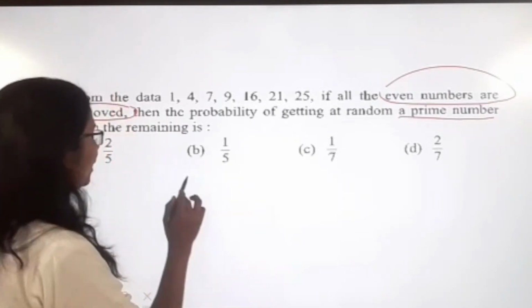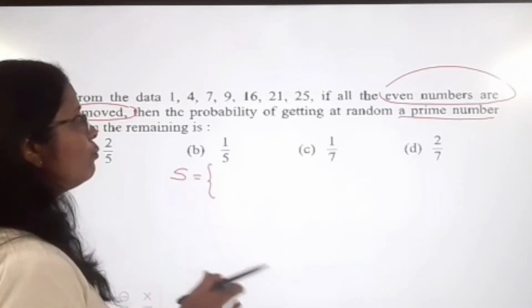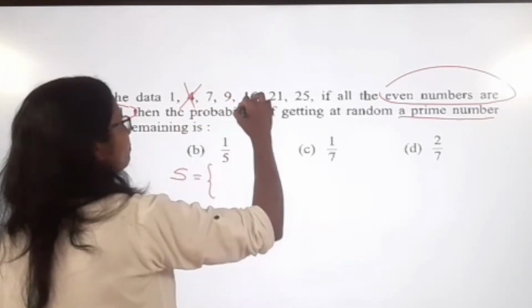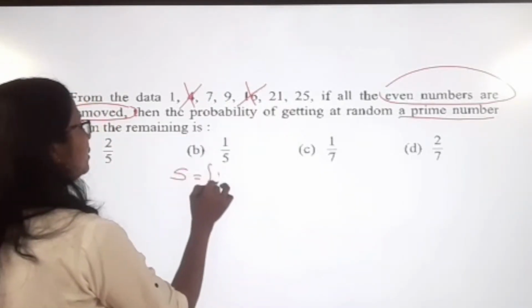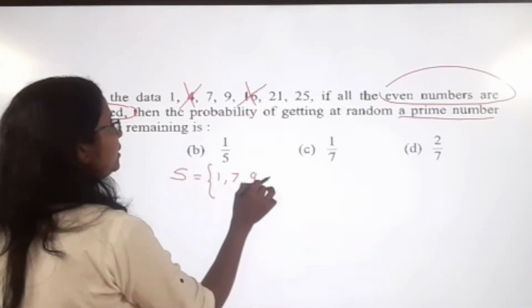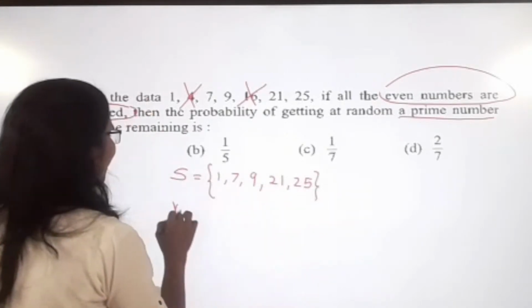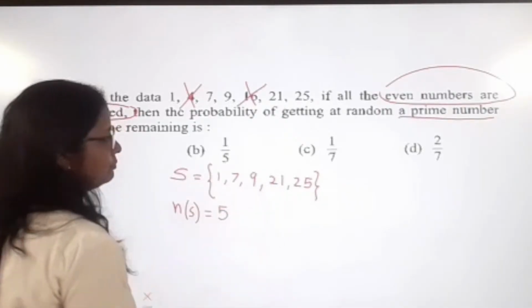So here we can say S is equal to, we remove the even numbers, so we remove 4 and 16. So the remaining numbers will be 1, 7, 9, 21, 25. Okay, so here n of S is equal to 5.